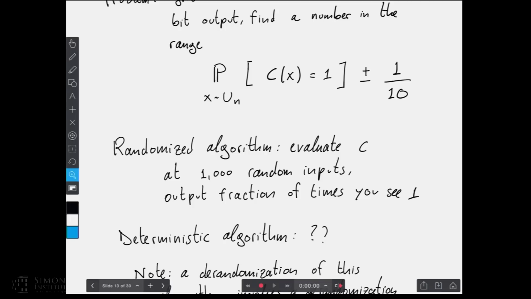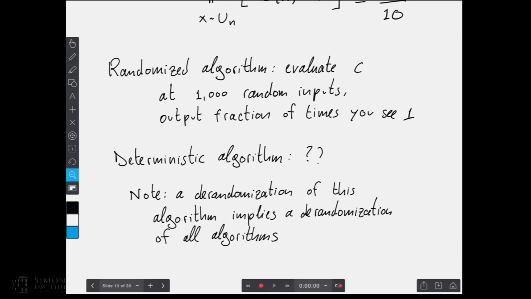So about deterministic algorithms for this problem. Well, maybe the problem doesn't seem so natural by itself, but if you had a deterministic algorithm for this problem, you could get deterministic algorithms for arbitrary polynomial time randomized algorithms. So this problem is sort of the hardest, or it completely encompasses all the problems encountered so far.